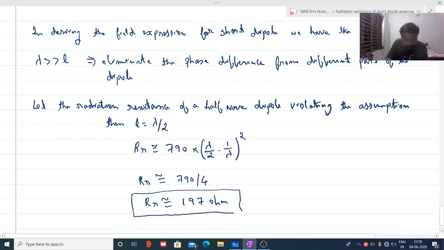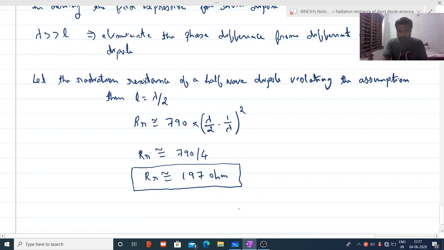So violating that condition, lambda very much greater than L, we take L as lambda by 2. Under that condition, the radiation resistance of a half-wave dipole antenna will be 197 ohm. Normally the correct value is 73 ohm.